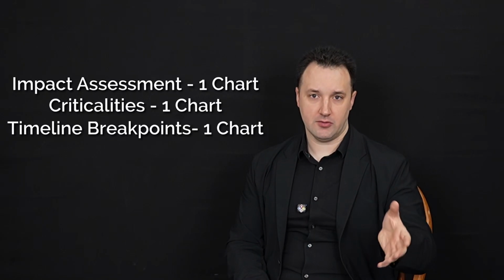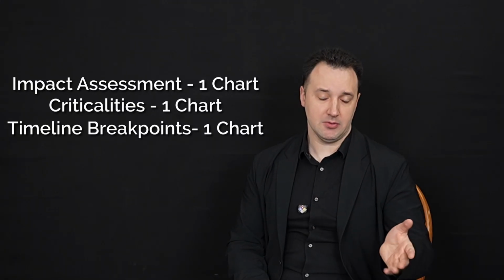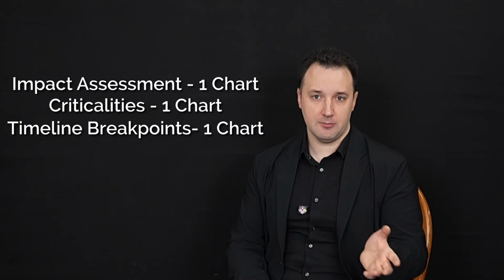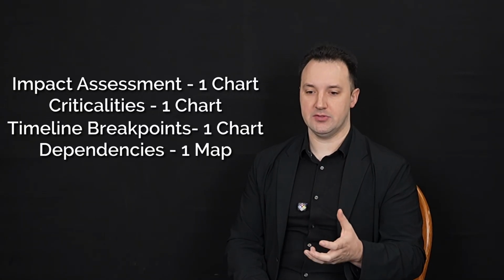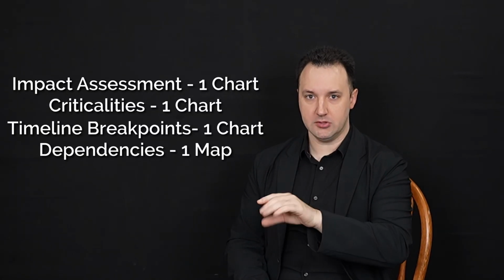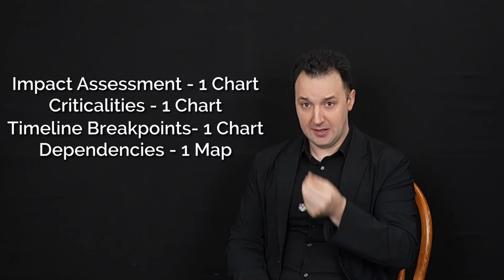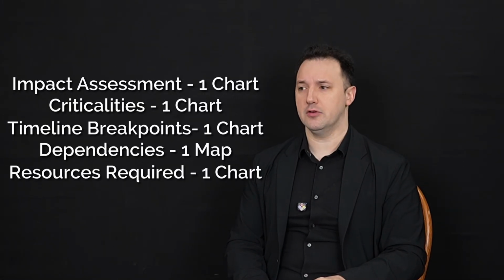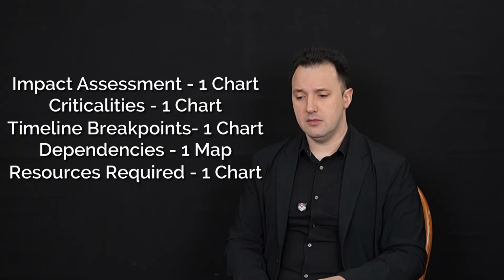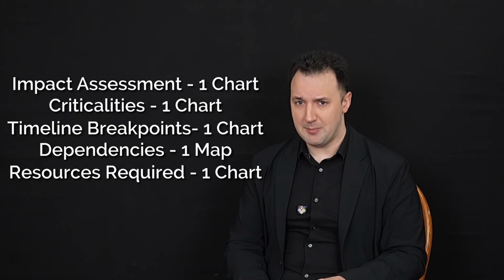One page or one chart that represents all your timeline breakpoints, maybe with a visual added on for reference, but you're looking at basically one chart. A map or something else, which is, once again, one image that is going over your dependencies, and then one chart really for your resources required. This is 4 charts and a map.